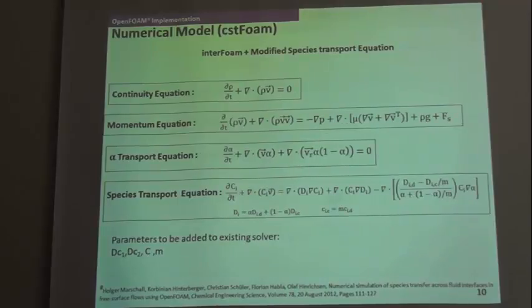But there was a paper which I went through which said that if you increase it, there were some spurious currents which they observed at the interface. So it all depends. Most people say that the value of C alpha should be kept at 1, so as to have a sharp interface.